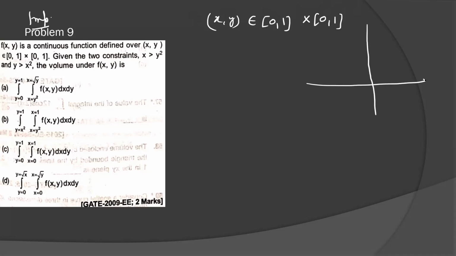The next problem is a very interesting and important problem. f(x,y) is a continuous function defined over x and y belonging to 0 to 1, meaning both values are coming from the interval 0 to 1, so the limit of x and y is 0 to 1 in both the integrations. Given the two constraints, y square equal to x.